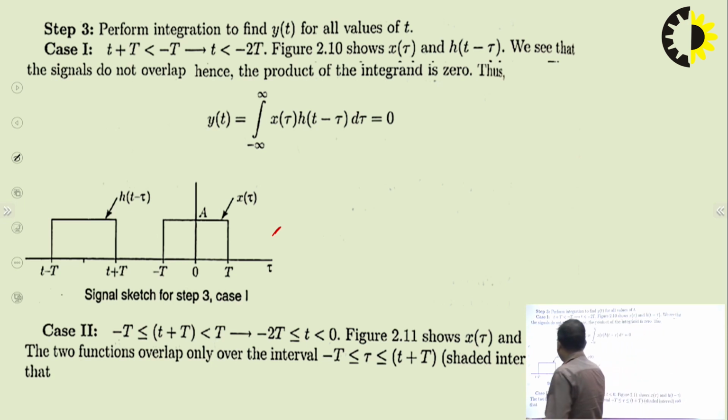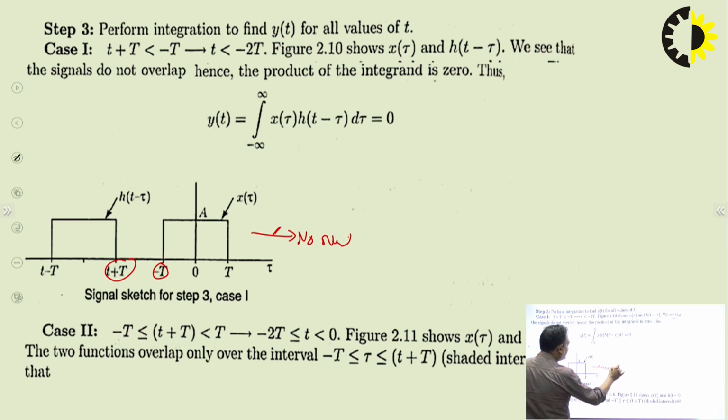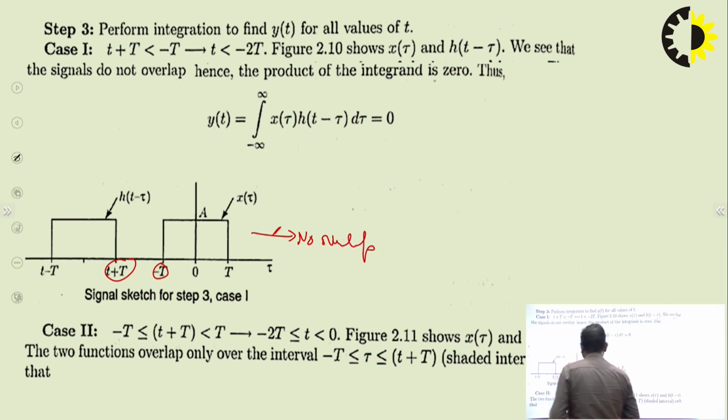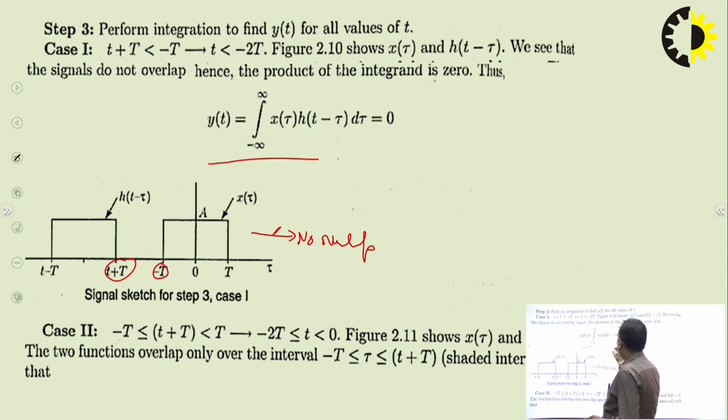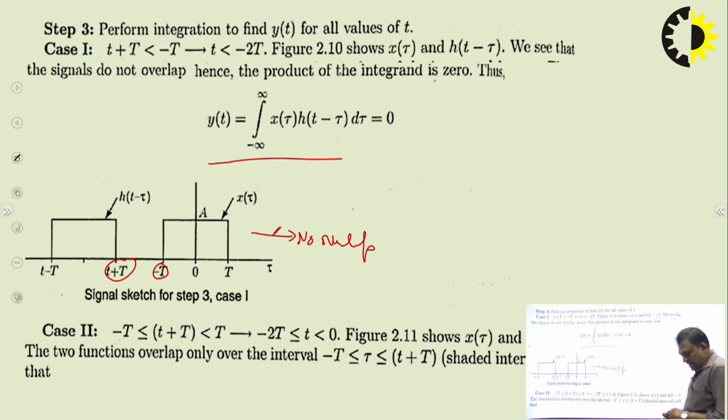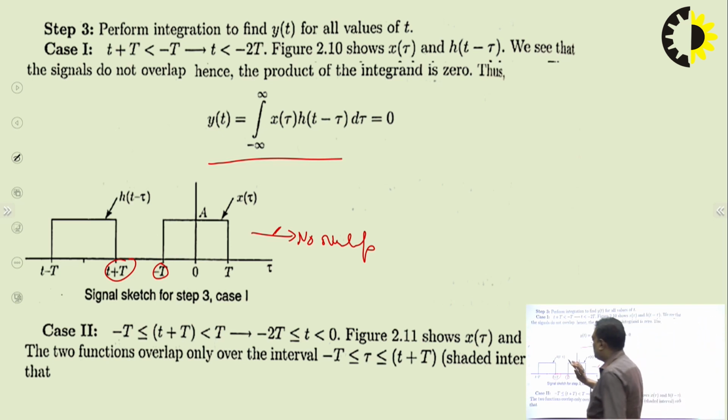You can see that between these two signals there is no overlap. When there is no overlap, the area is 0. So the output that we obtain under this condition is y of t equals the integral from minus infinity to infinity of x of tau h of t minus tau, which equals 0. In this case there is no overlap, so the area is 0.